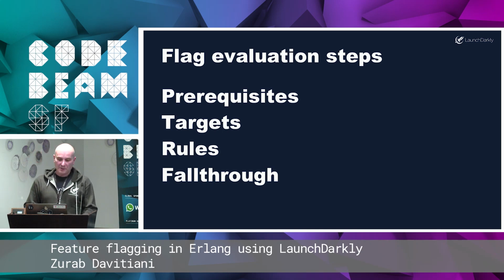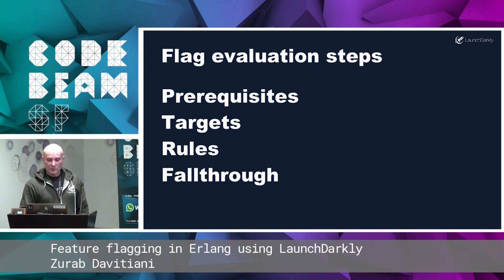So evaluations, I already showed you this slide. These are the steps for the evaluations. I just wanted to mention an interesting implementation detail in the SDK. A flag could have multiple rules with which you could match the user properties.